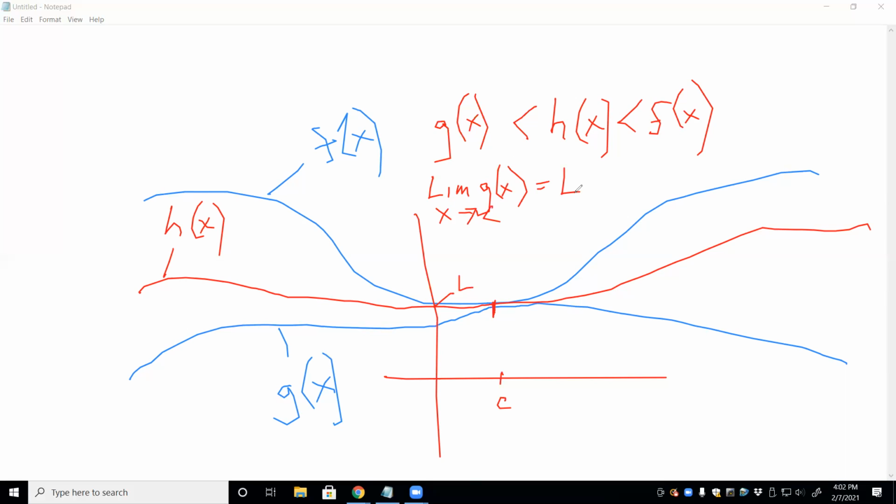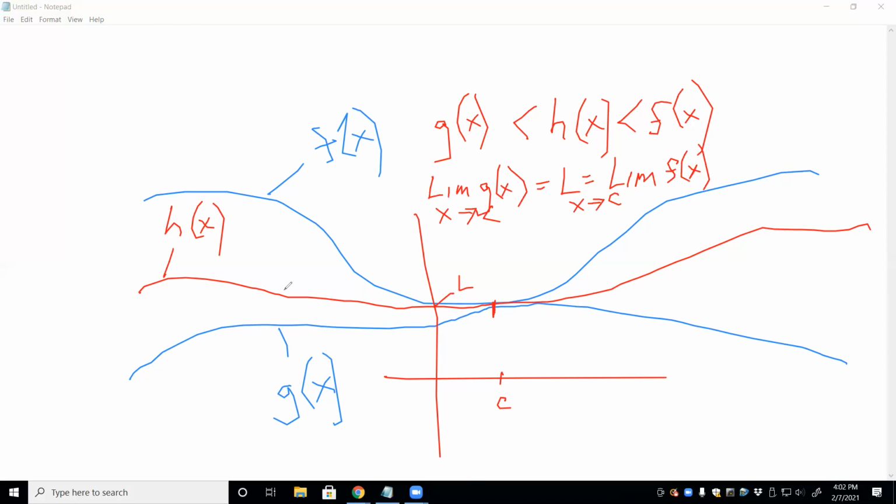And if you also say L is the limit of the top one, f of x, as x approaches C, then even if you cannot calculate the limit of h of x, you know that it has to be L. In other words, h of x may be a function that you're not able to directly calculate its limit.